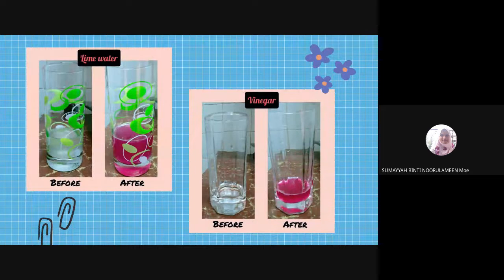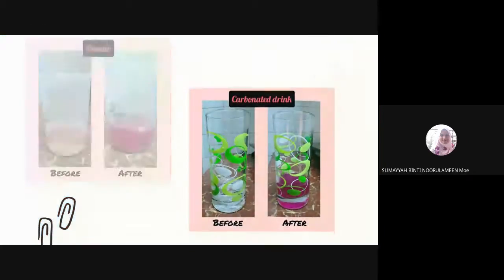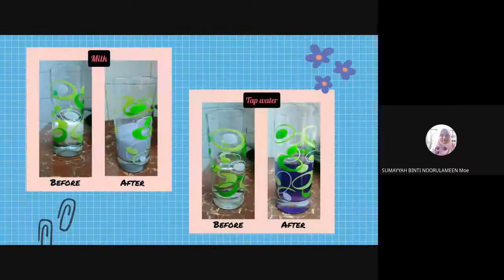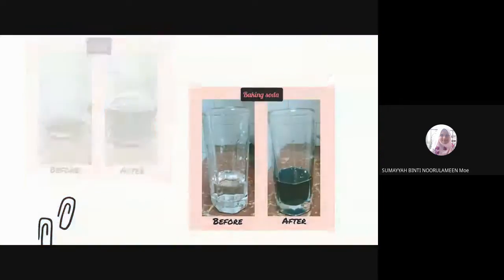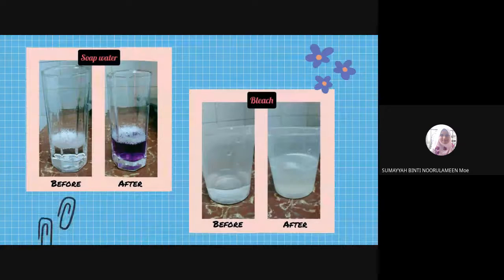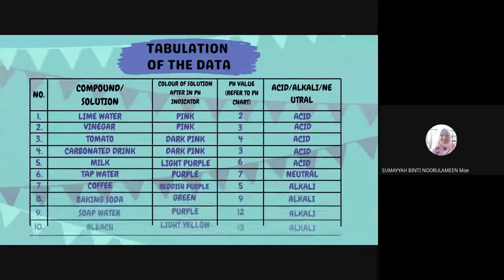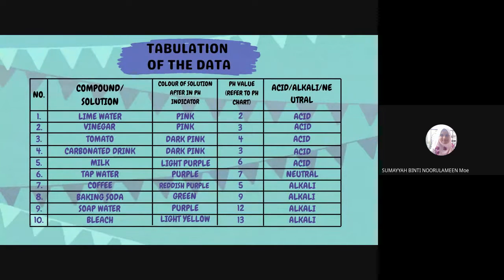Observation. This is the result. Tabulation of the data. Lime juice, the color of the solution is pink, pH value is 2, and it is acid.